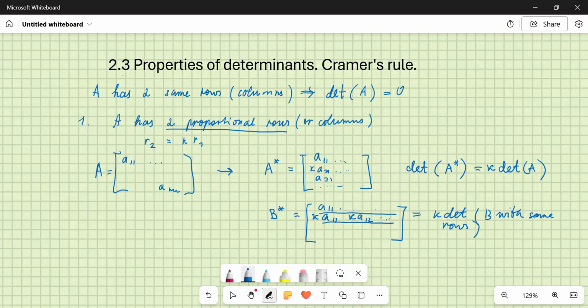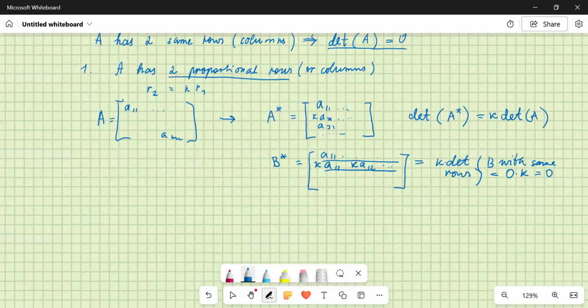And we do know from this property that the determinant is going to be equal to 0. So we have 0 multiplied by k, which is going to be 0. So basically, it does not matter if you have exactly the same rows or just proportional rows. The determinant is still going to be equal to 0. The same is going to work for columns. And that was property number 1.